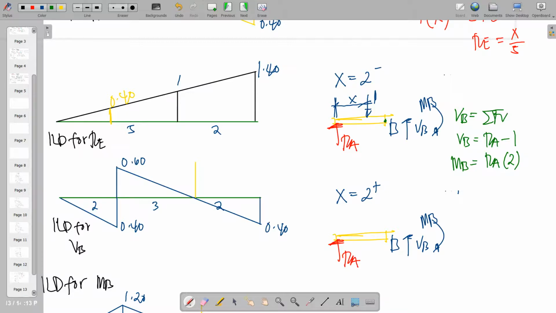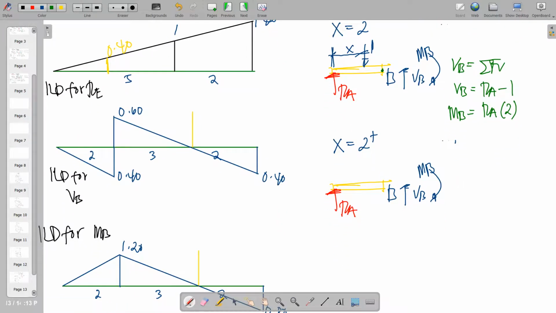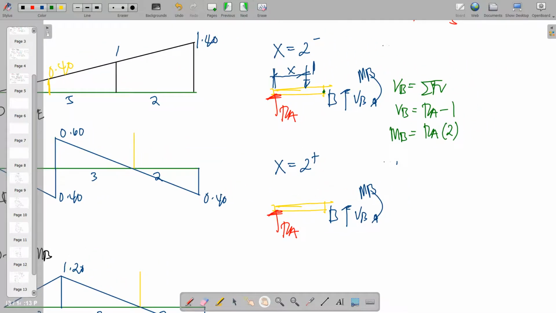And then for this, let us deduct here the effect of 1 because 1 is still there. So minus 1 times 2 minus x. Say this is 2. So therefore, our moment at B is 2RA minus 2 plus x.